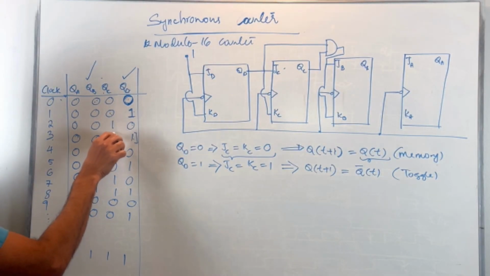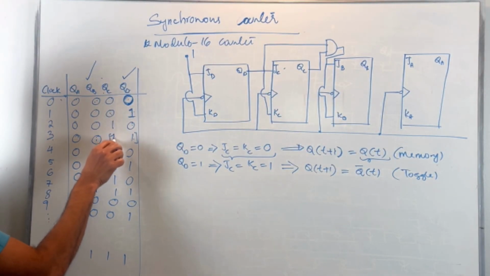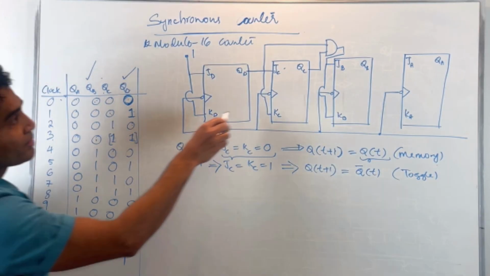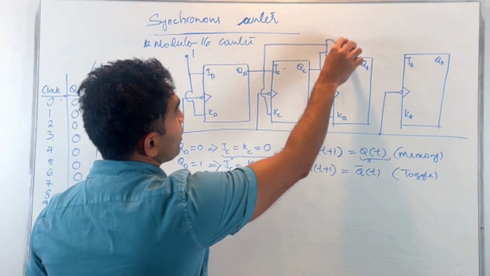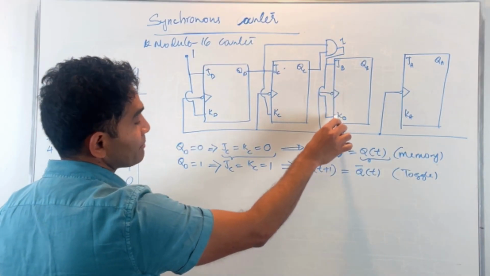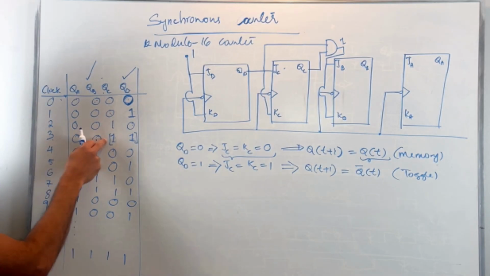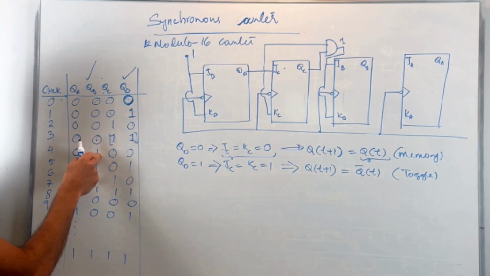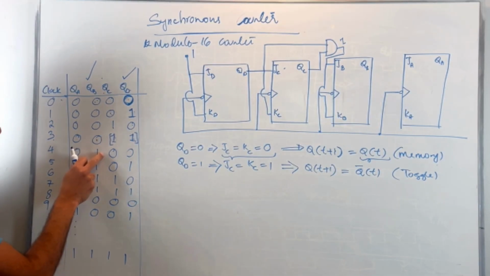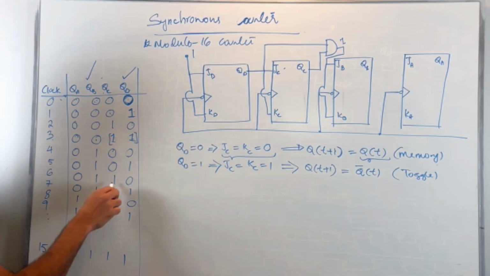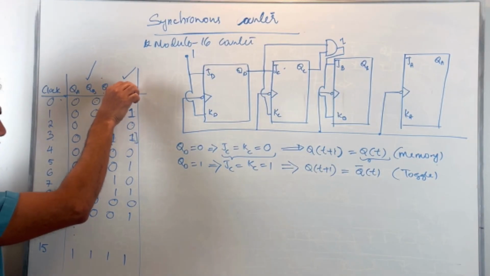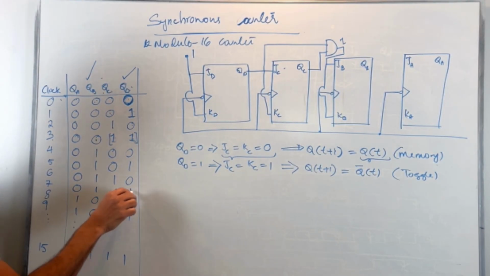Because when both QC and QD are 1s, I'm outputting a value of 1 here on JB and KB that configures this flip-flop as a toggle state, and on the next triggering instance, my value gets toggled, right? And this value is maintained until my QC and QD both become 1s again, which happens here.